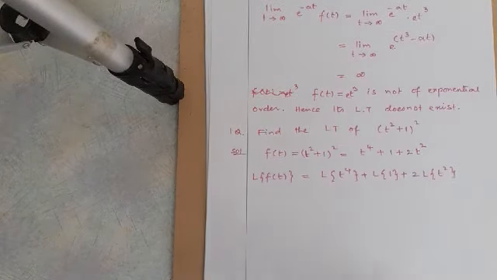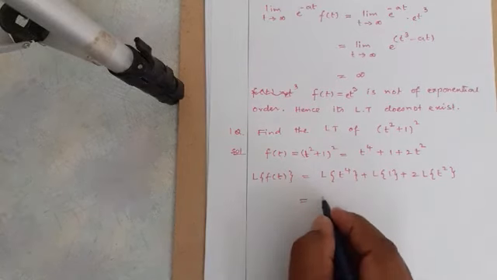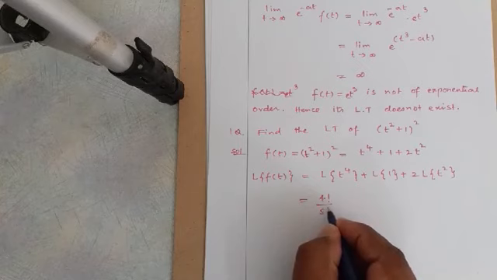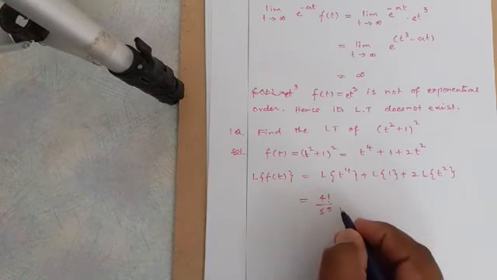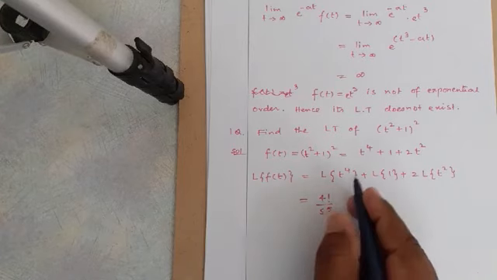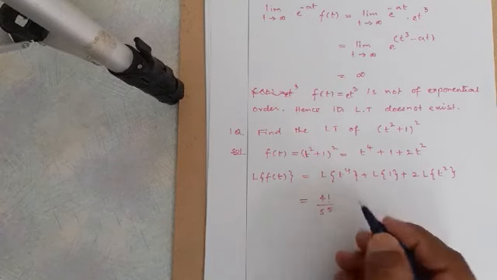When you apply Laplace to t power 4, that becomes 4 factorial upon s power 5. As you know the formula, Laplace of t power n is equal to n factorial by s power n plus 1, where n is a positive integer. Here 4 is greater than 0, a positive integer.